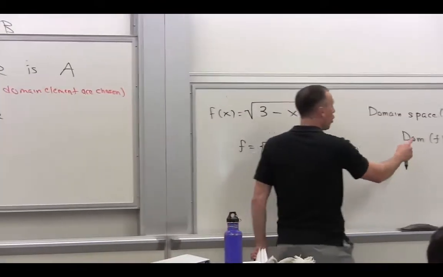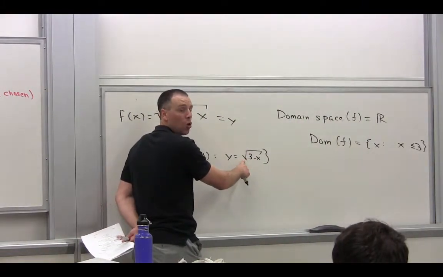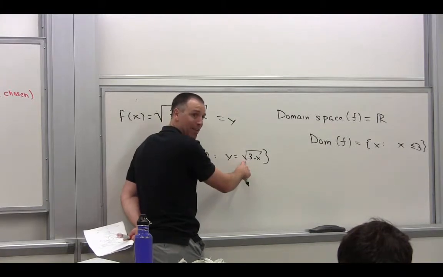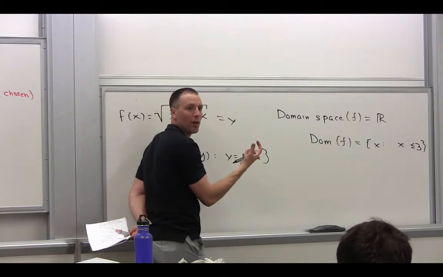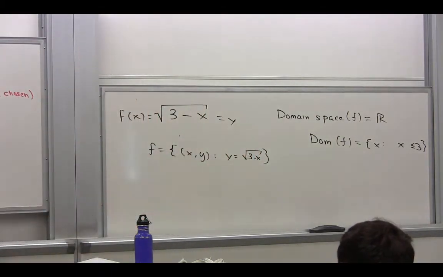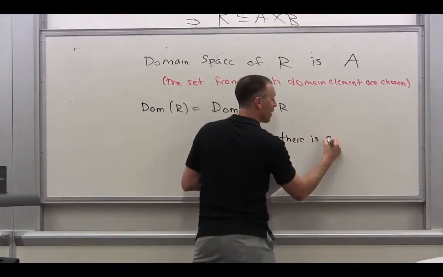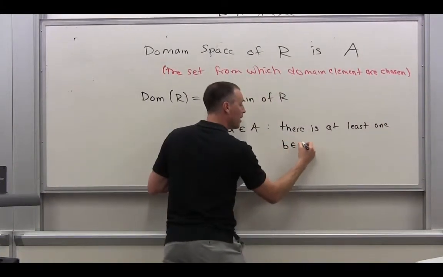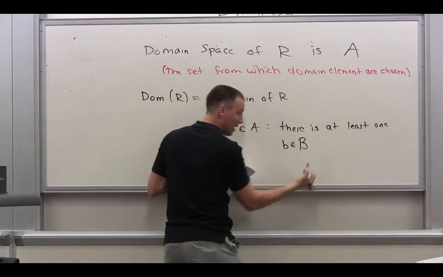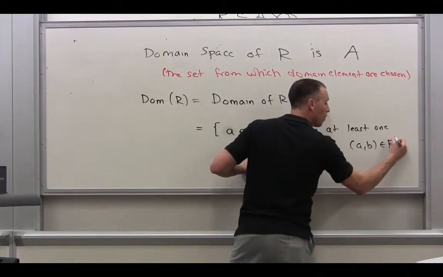Because there is no corresponding range space element, no corresponding element in B, in the codomain, such that those two elements exist in that relation. So what's the domain? It's the set of all elements of my domain space such that there is at least one element B of capital B such that A comma B shows up in my relation.